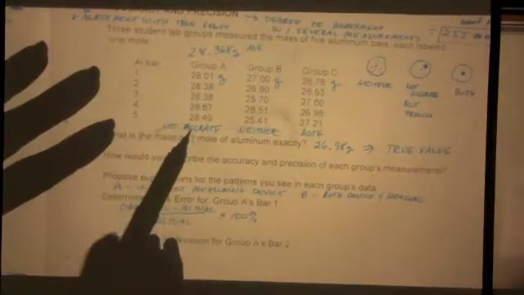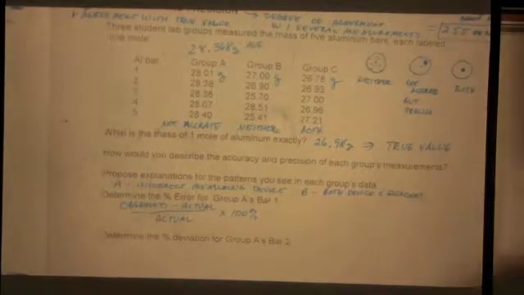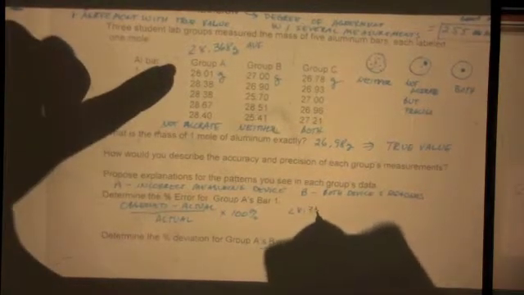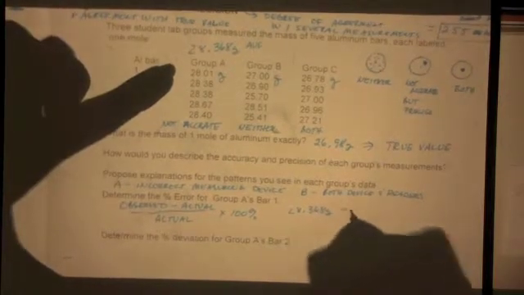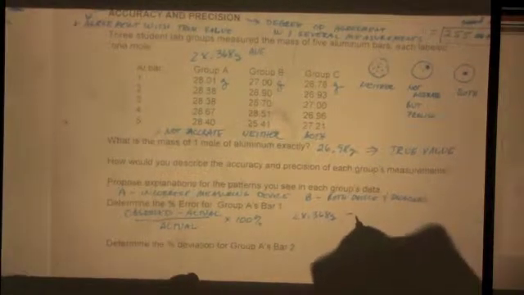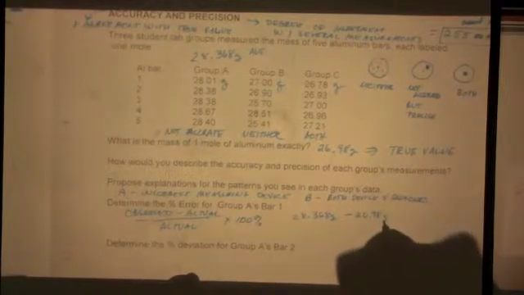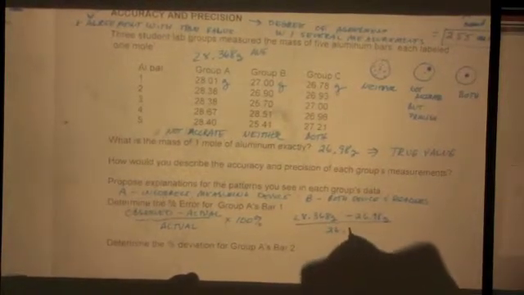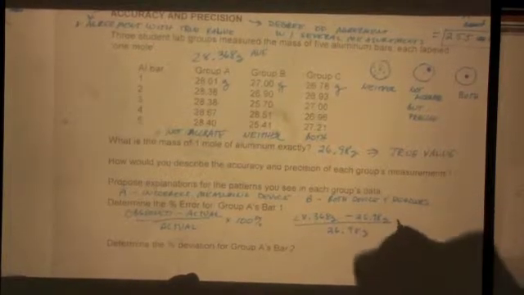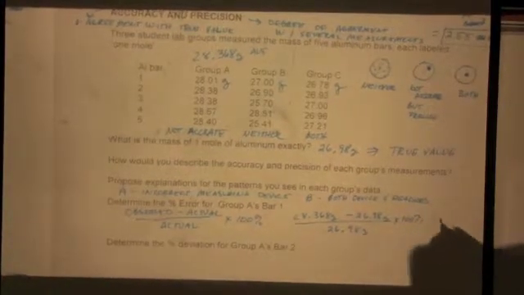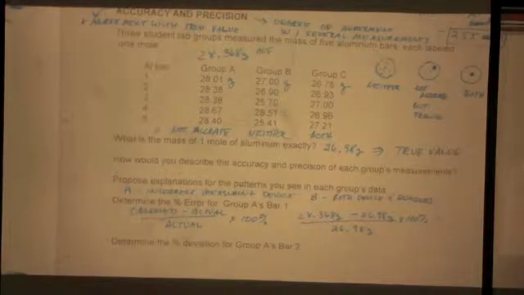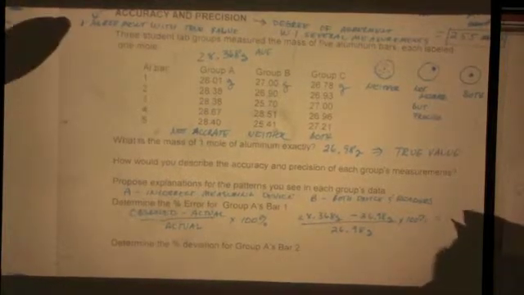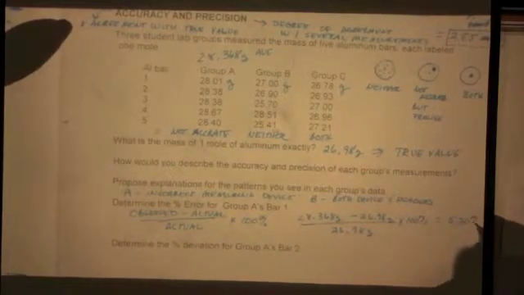So I added them all up and divided by 5, and I got 28.368 grams, and then minus the actual, which was 26.98 grams, divided by the actual 26.98 grams, times 100%, and the percent error came out to be 5.20, again to 3 sig figs, percent.